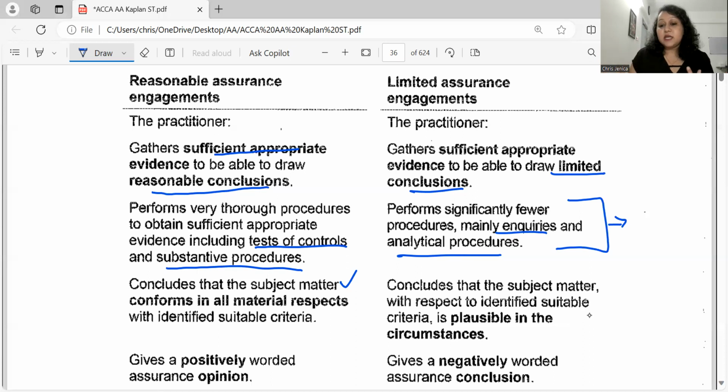Okay, then there are some decisions where on the subject matter, you will not be able to give a proper conclusion. So basically, when you're not able to give a reasonable assurance on it, you will be just able to give a conclusion which you're going to convey in a negative word, but this will be in a positive word.